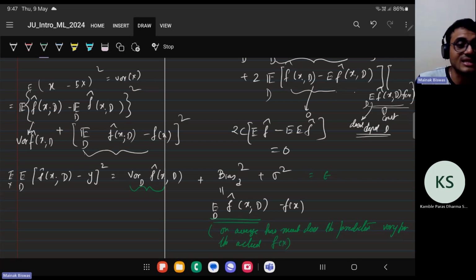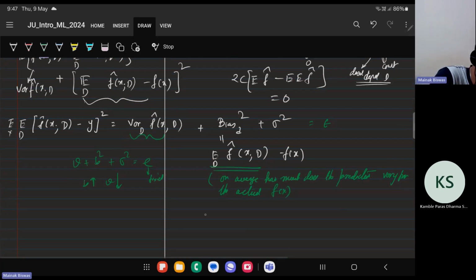So you see for a fixed error, what happens? Error is fixed. Then you have variance plus bias squared plus sigma squared is equal to error. So if this is fixed, and your bias increases, your variance has to decrease.